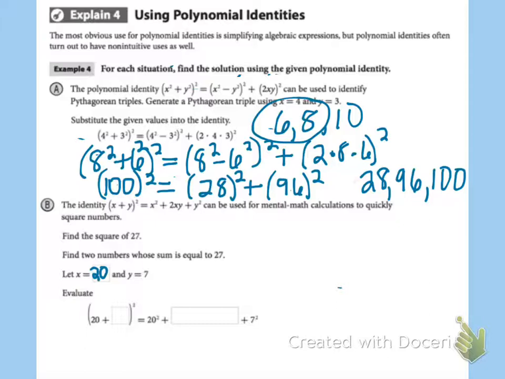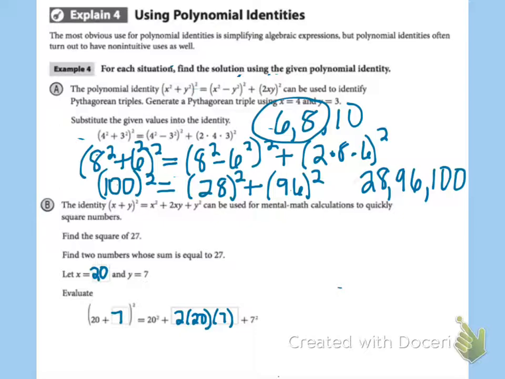We could take x plus y squared, so 20 plus 7 squared is equal to x squared, which would be 20 squared, plus 2 times 20 times 7, and then plus 7 squared. So we split it up. Instead of doing 27 squared, we do 20 squared plus 2 times 20 times 7 plus 7 squared. We just take the two pieces that made the sum of 27 and use this identity.